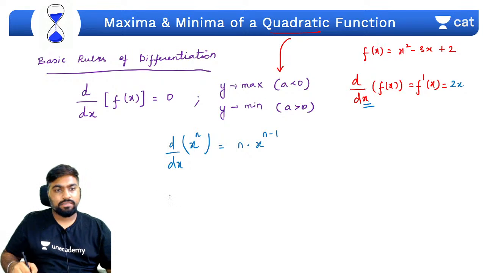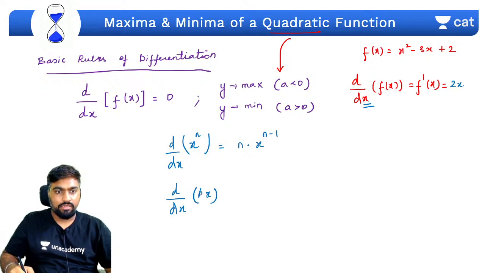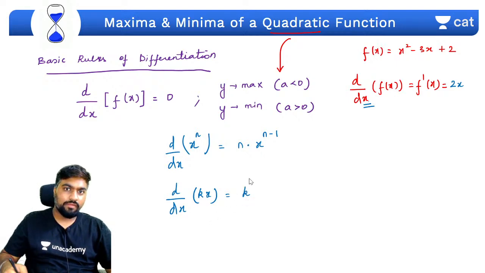Yes, next, if you have to find the derivative of just a variable, let's say a into x, where a is a constant. Let's use kx instead, it will be easier to understand. K into x, its derivative is basically k. So when you differentiate k into x by x, you will get k.